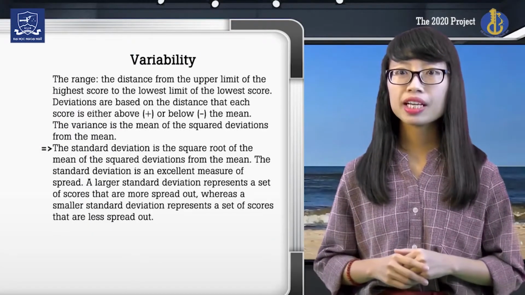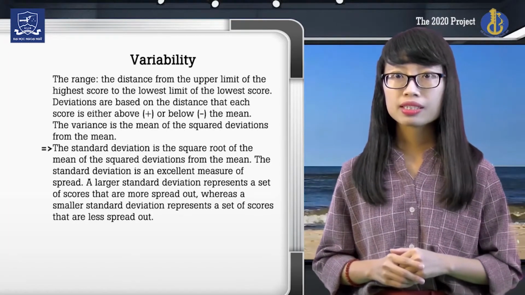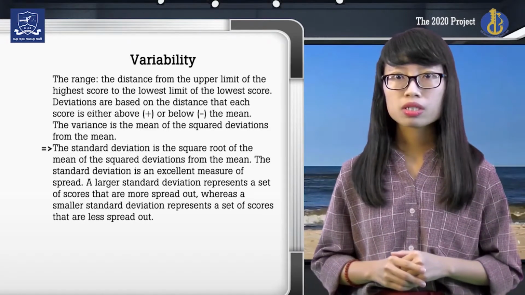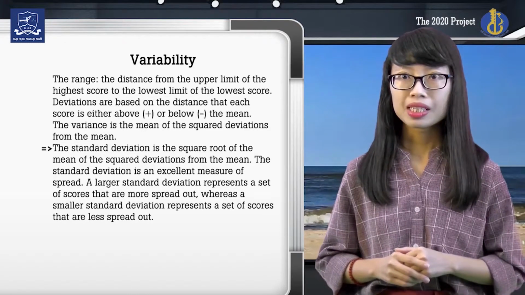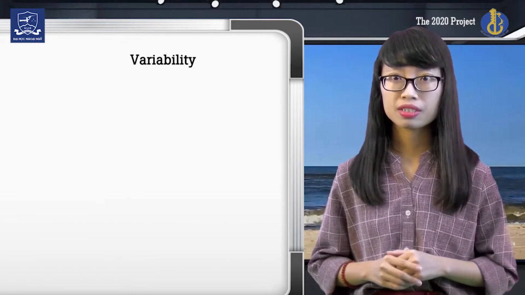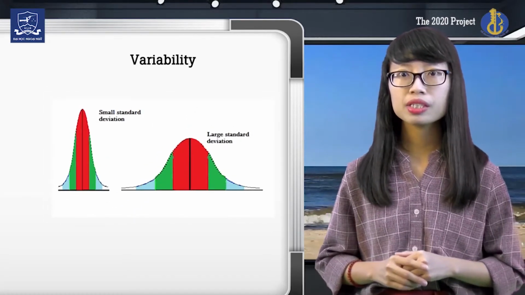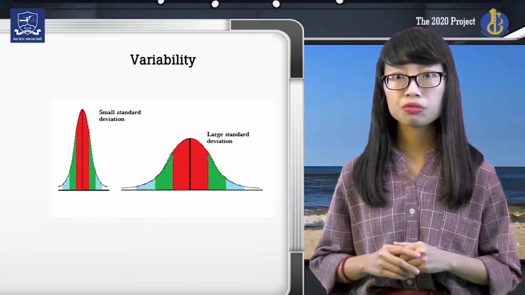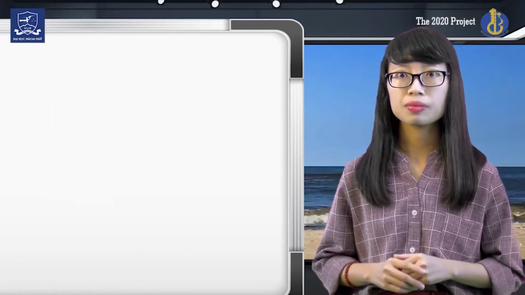The standard deviation for the first test is 0.5 and for the second test is 2. It means the scores of the second test spread out more widely than those of the first. You can see the graphic demonstration in the slide to see the difference in distribution form with small and large standard deviations.